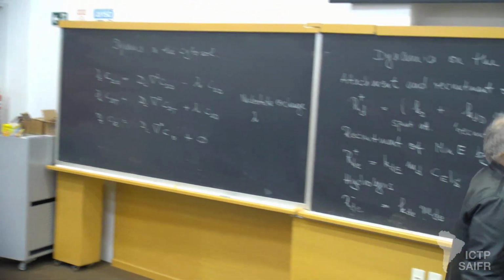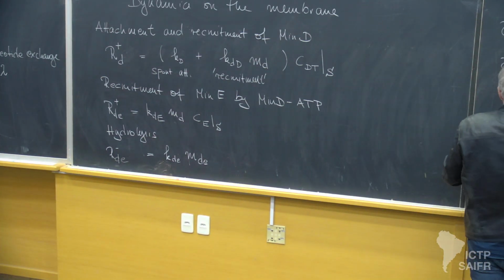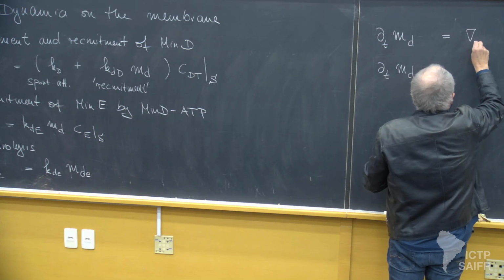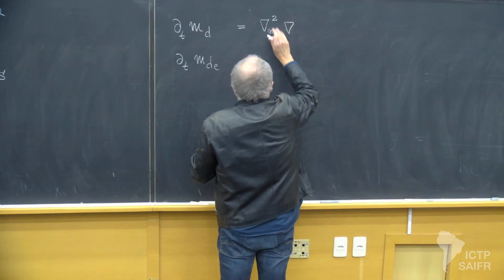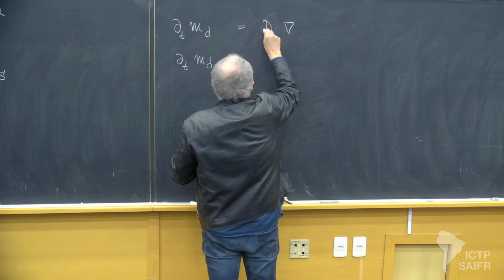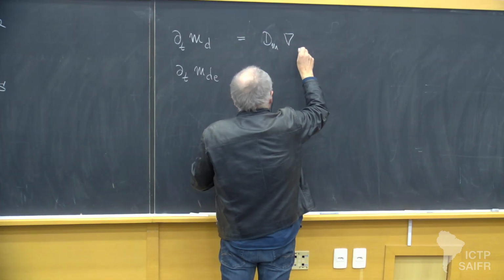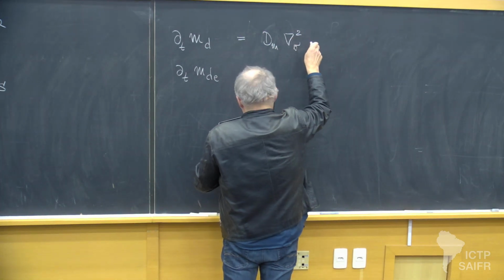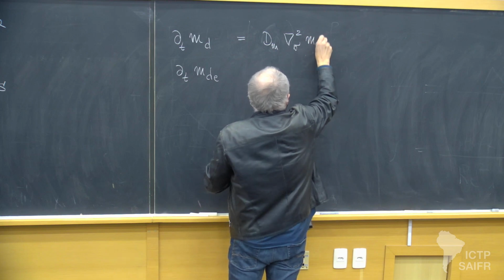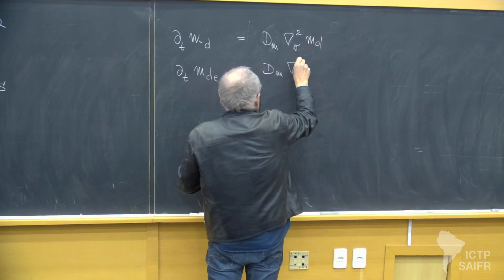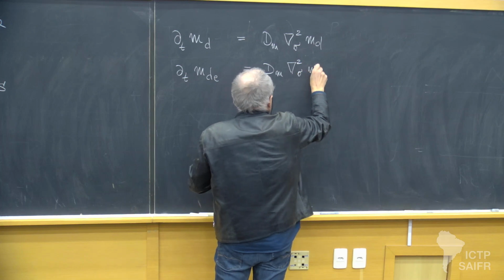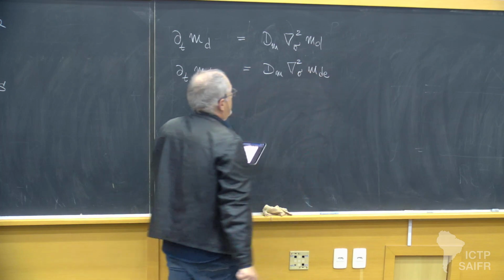Okay, they will obey some diffusion equation. Oh, sorry, this is nonsense. ∂_t m_D equals D_m ∇_Σ^2 m_D, and ∂_t m_DE equals D_m ∇_Σ^2 m_DE.